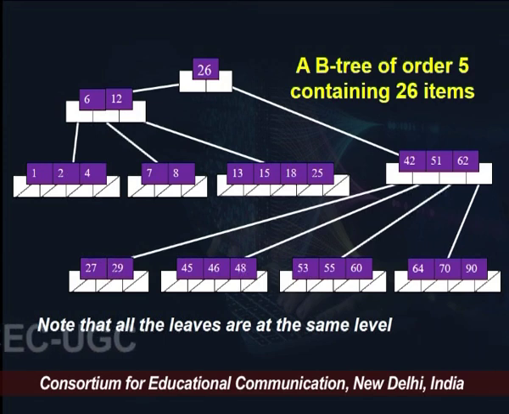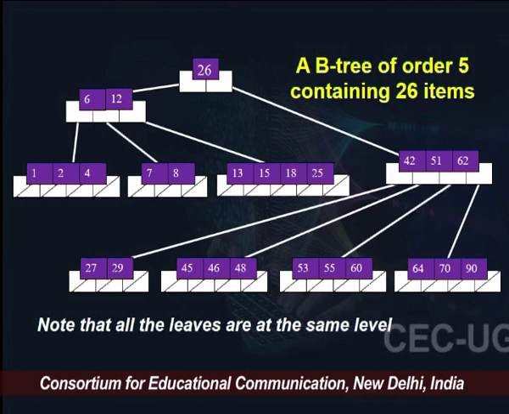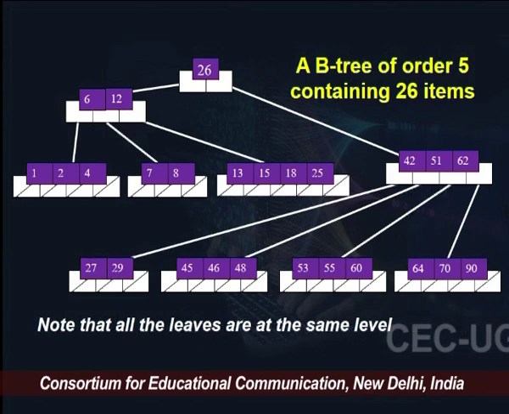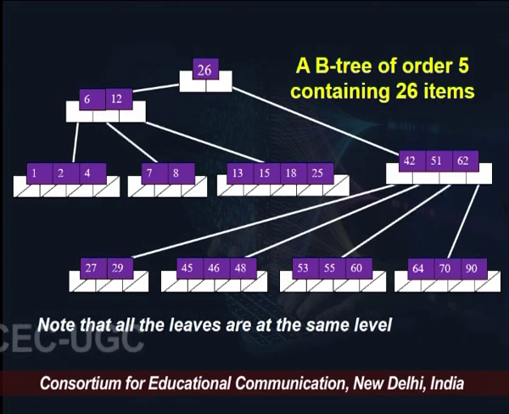So, when we talk about a B tree of order 5, that means we can have a maximum number of keys and a certain number of children. If you can see the first node, which is the root node, it is free from the exception of 50% full.